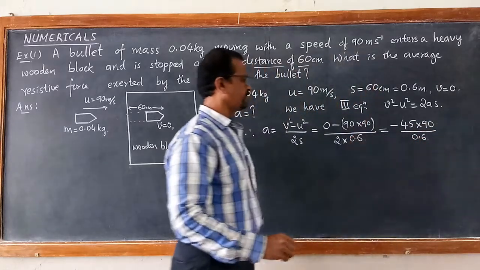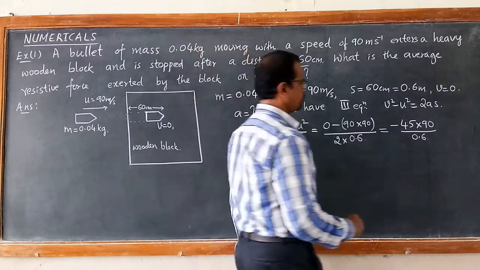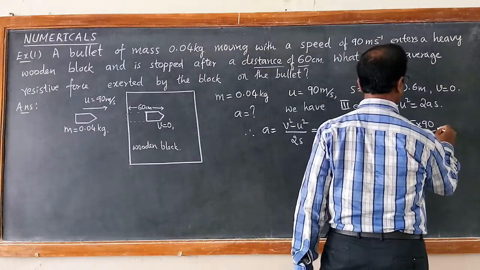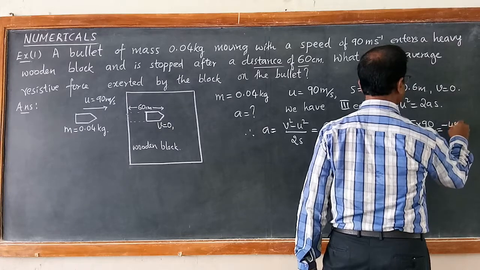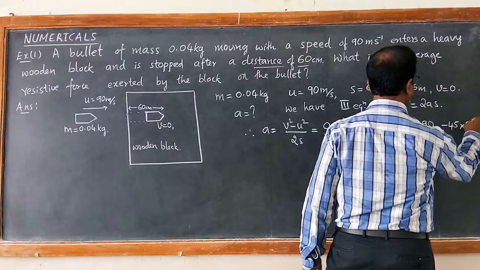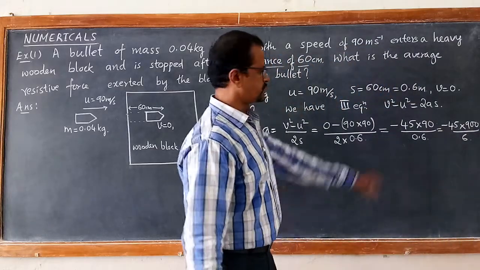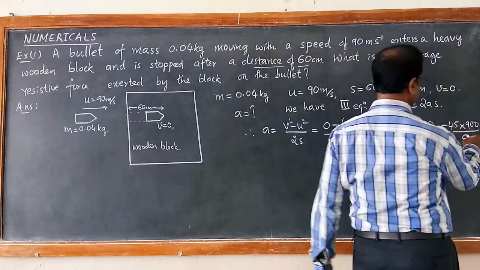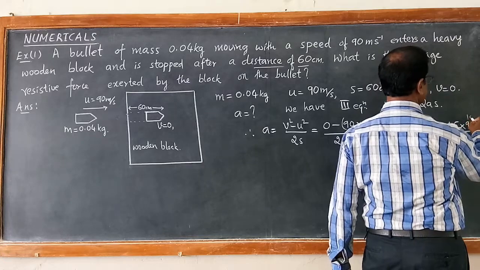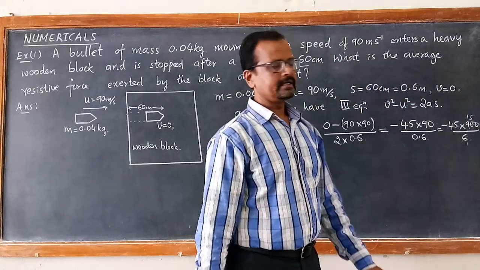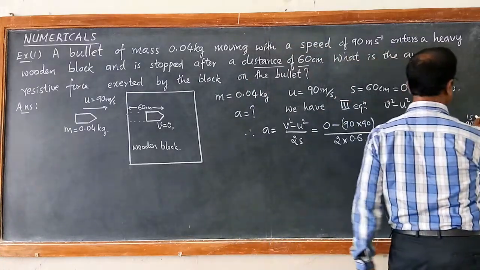If you work it out, it comes out to be minus 45 into 900 divided by 6. So 6 ones are 6, 150s are 900.